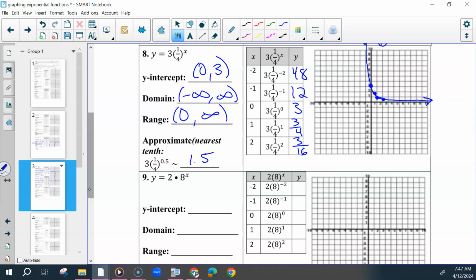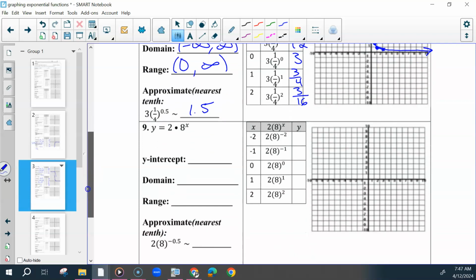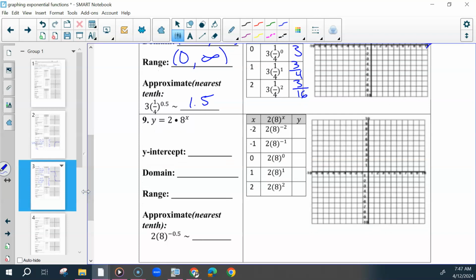It'll be similar to 8, but instead of the fraction, we have a whole number base. 2 times 8 to the negative 2. Give it to me as a fraction.